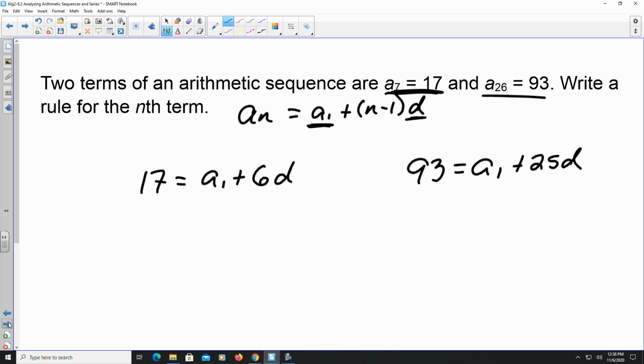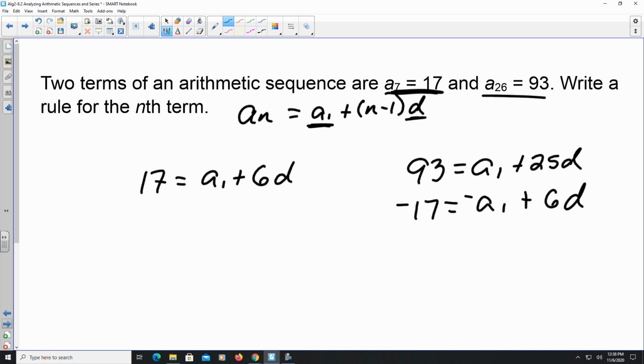All right, so I have two unknowns and two equations to help me solve it. I'm going to rewrite here: 17 equals a sub 1 plus 6d. Since the a sub 1s are the same term, I'm going to eliminate a sub 1.